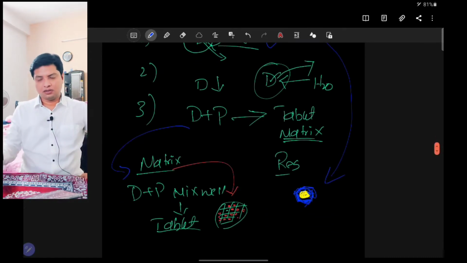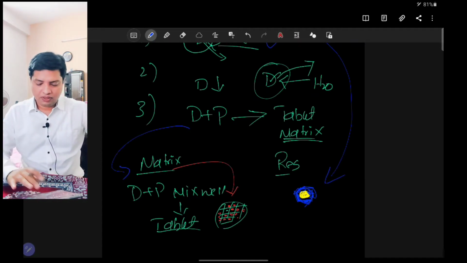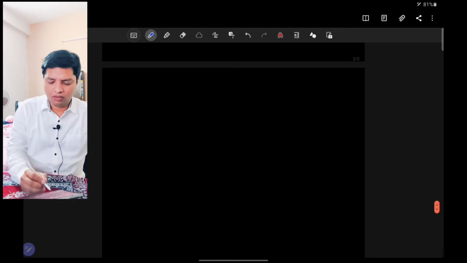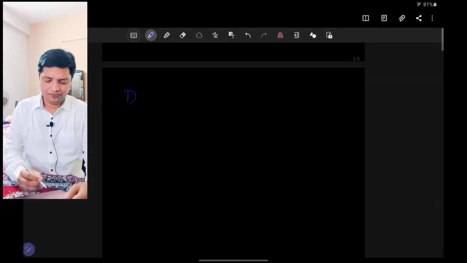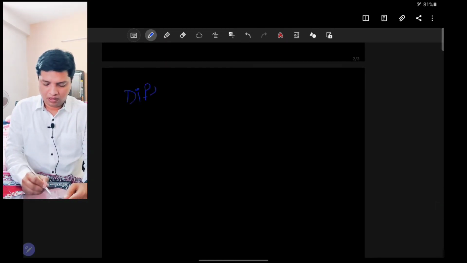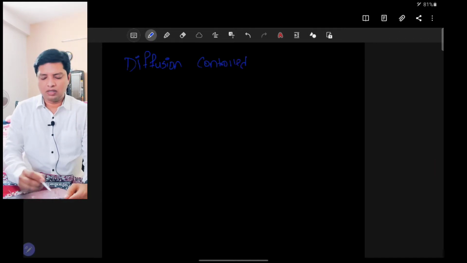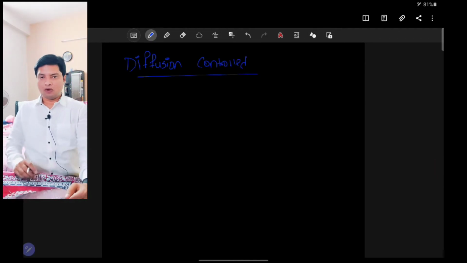So this is one type of how you can control the release of the drug: matrix and reservoir. Next one is diffusion controlled system.